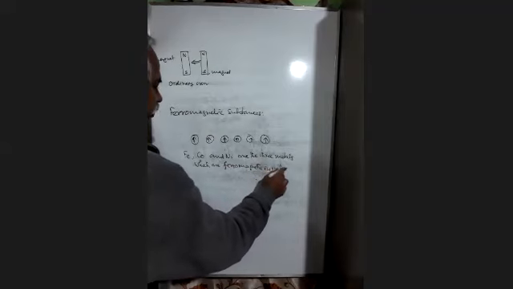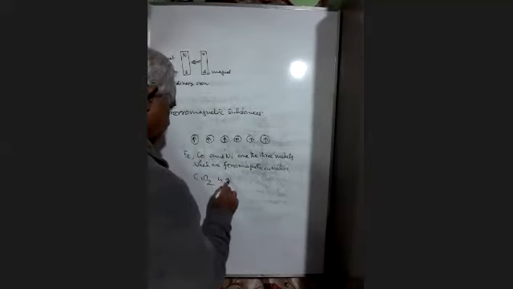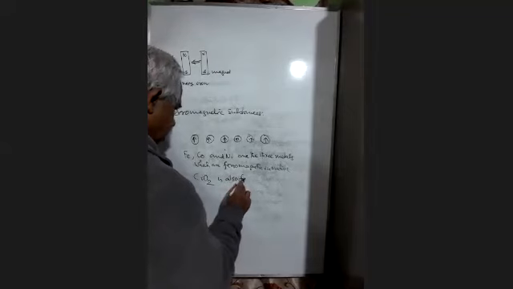Please take care for your entrance exam and school exam. Okay. And along with that, one compound is there. It's called CrO2, not CrO3, CrO2. Chromium dioxide is also ferromagnetic.